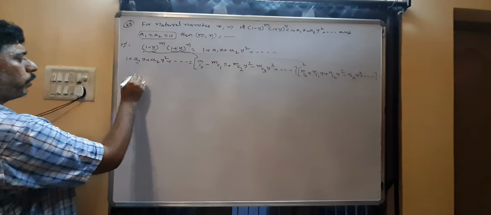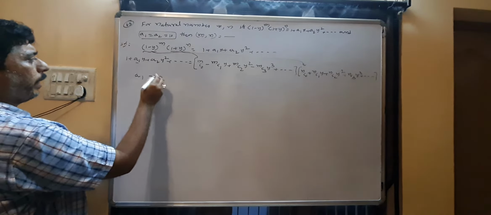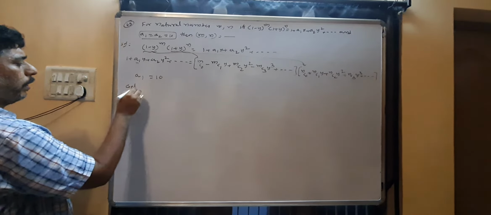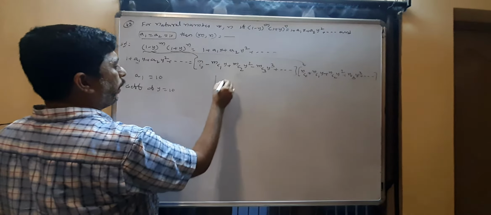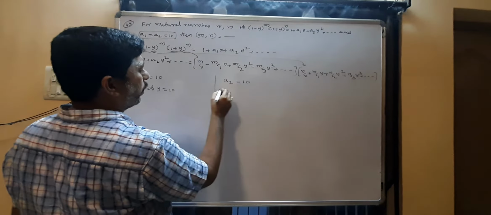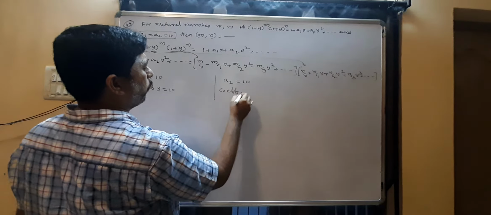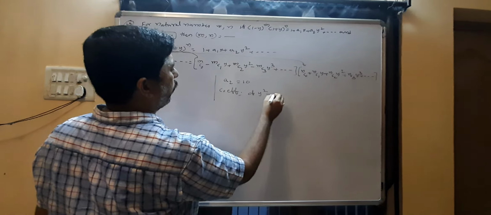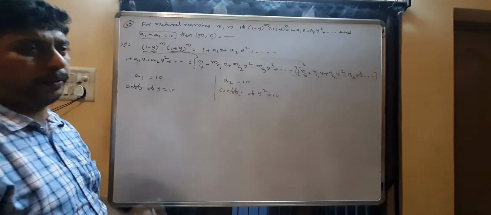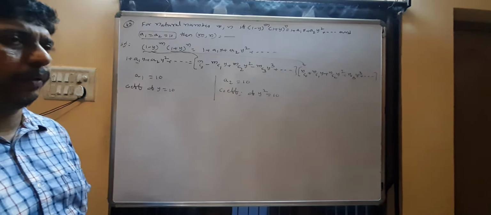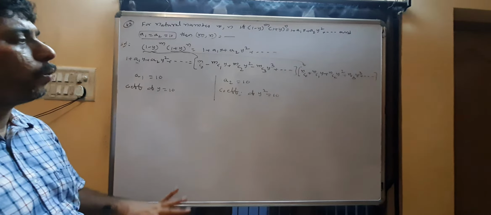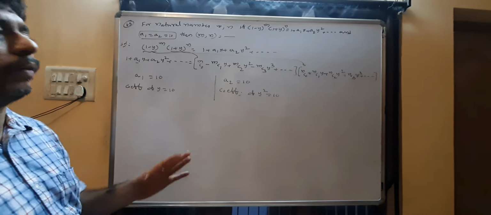A1 equal to the coefficient of y, and A1 is 10, so the coefficient of y equals 10. A2 value 10 is given, that is the coefficient of y square equals 10. Coefficient of y means constant into coefficient of y, and coefficient of y into constant.